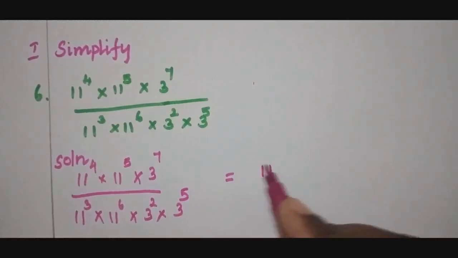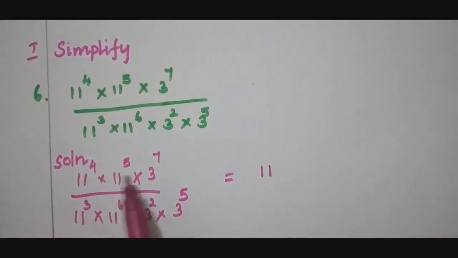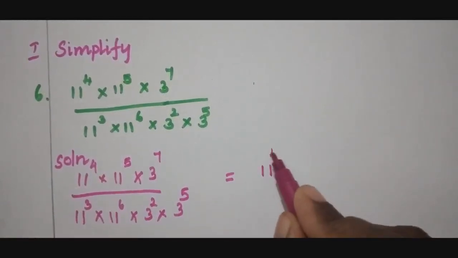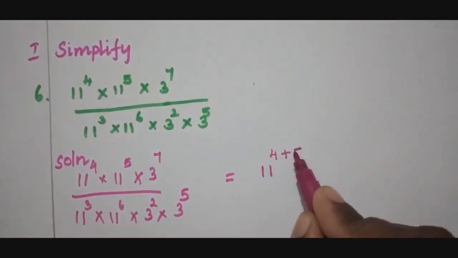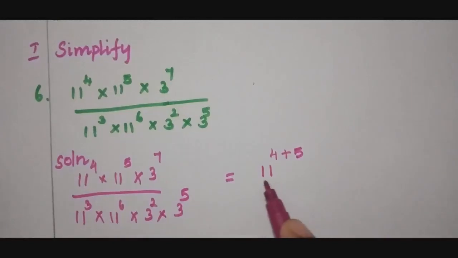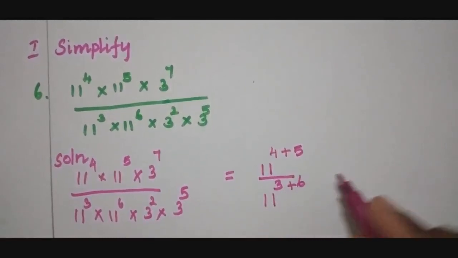So 11, these two are in multiplication, so you just add the powers, 4 plus 5, and here these two are in multiplication, so you should add the powers, 11 power 3 plus 6.